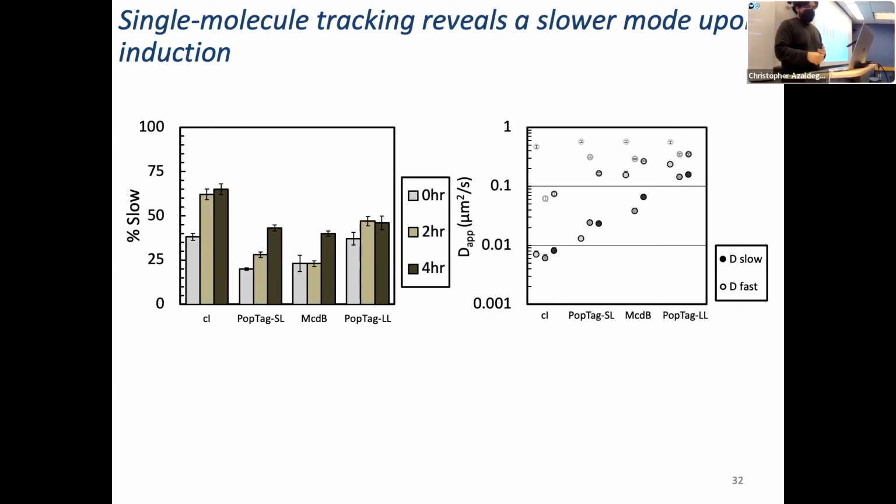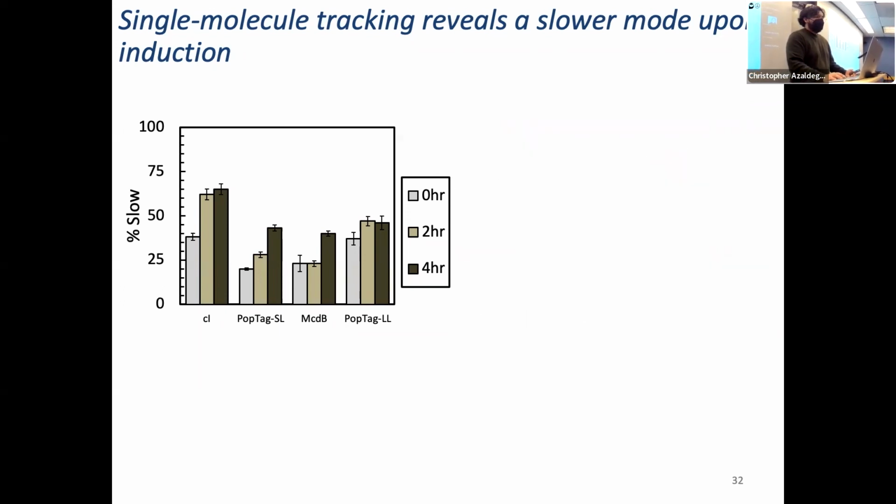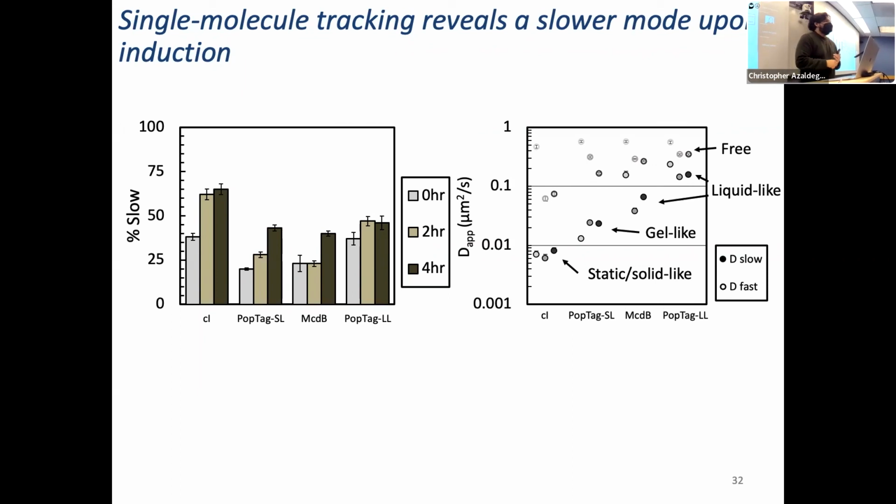Yes. Going back to the diffusion plot where you categorize solid, gel, liquid, how do you classify those? These are just hypothesized states based on the diffusion coefficient. In vitro data of PopTag and mCherry-McdB suggest that these are behaving more like liquids rather than gels in at least some of these cases.